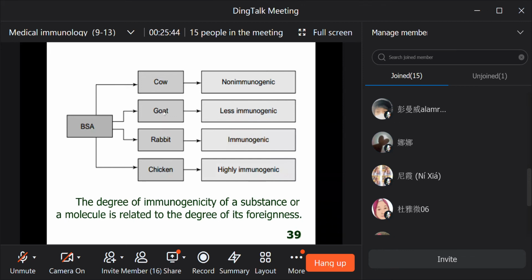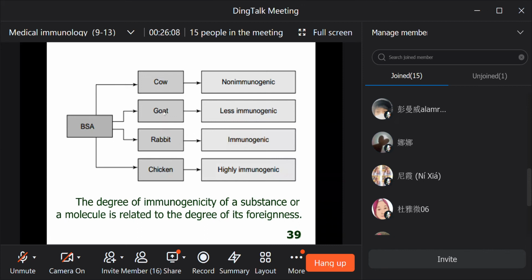This picture shows this very clearly. Just as the sentence described: the degree of immunogenicity of a substance or molecule is related to the degree of its foreignness.